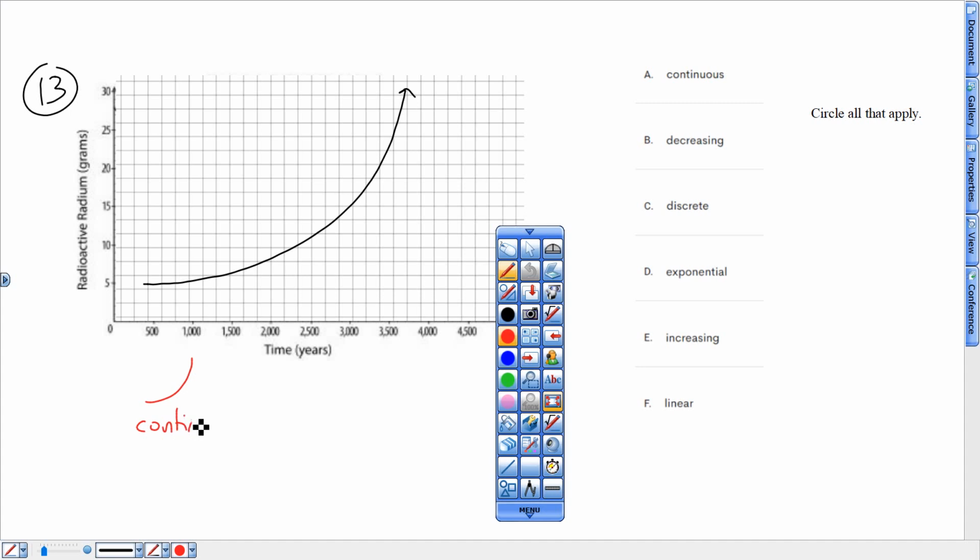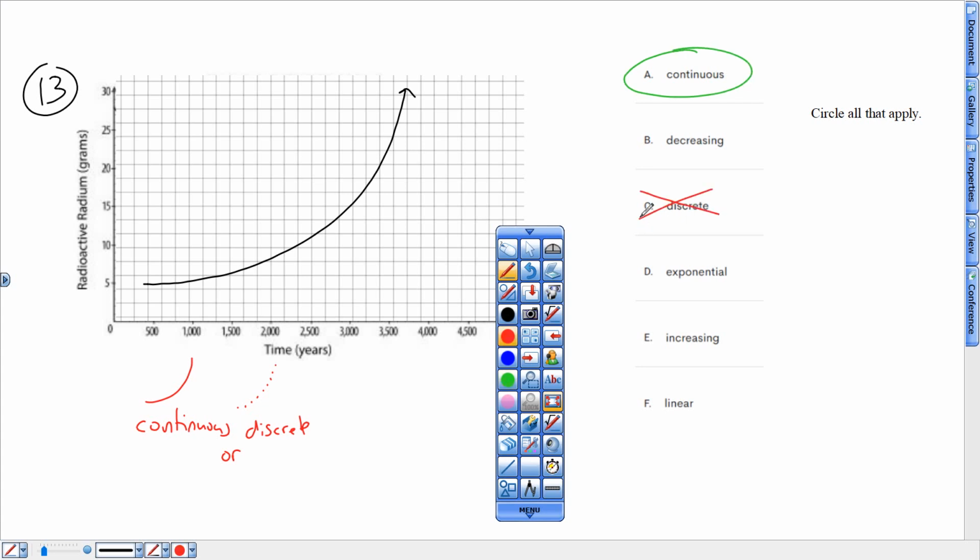If it has just dots like that, that is discrete. So I could see first category, continuous with a line drawn through it, or dots, discrete data. This has a line drawn through it. So again, I could see this is continuous. I wouldn't select discrete. That would be for dots.